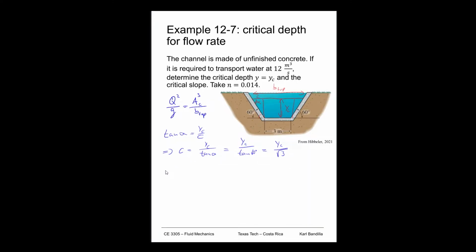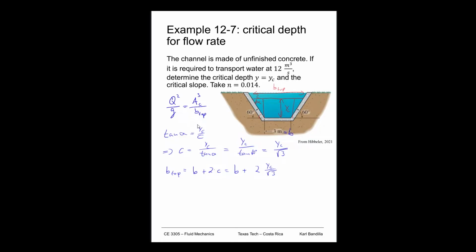So that means B top is just C times 2 plus the width here. Let's call that B. So that would be B plus 2 times C, or B plus 2 times y_c over square root of 3.